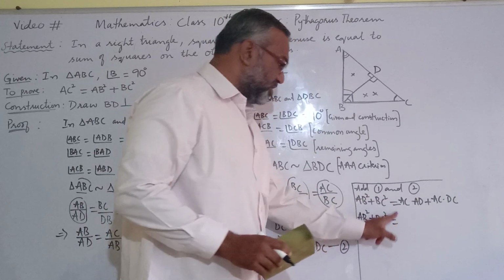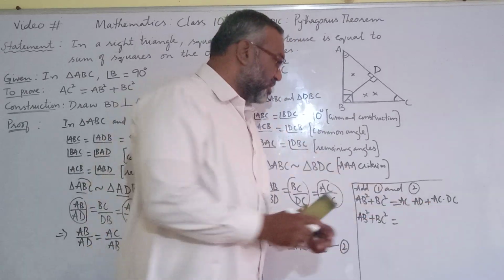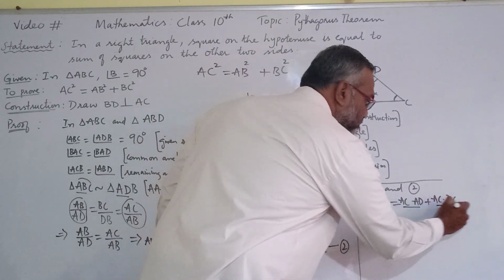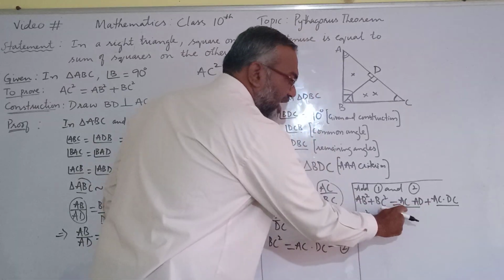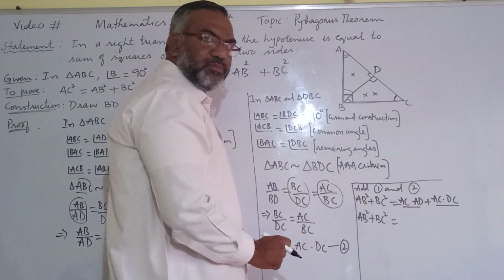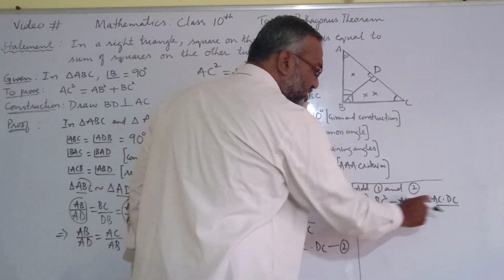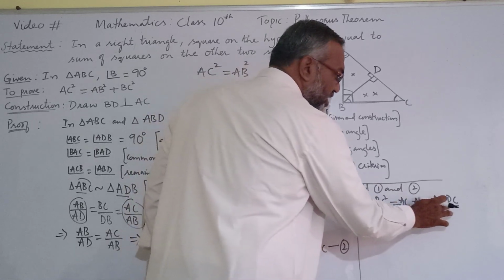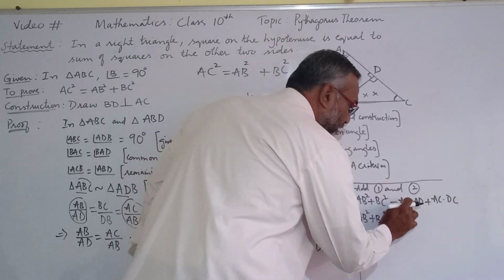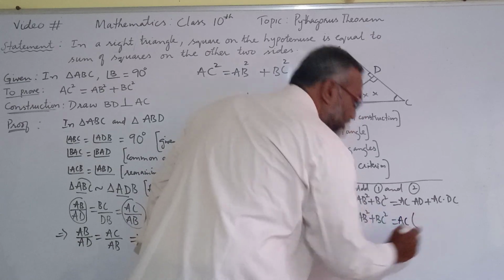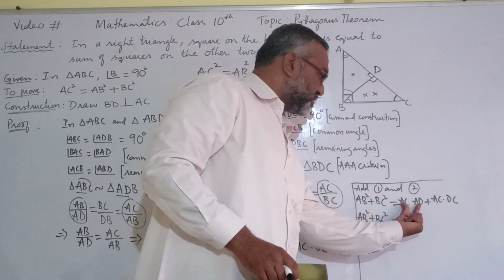In this RHS, see, two terms are there, with a plus sign between them. AC is common. We have AC here, we have AC here. So we can take AC common in this term and in this term.